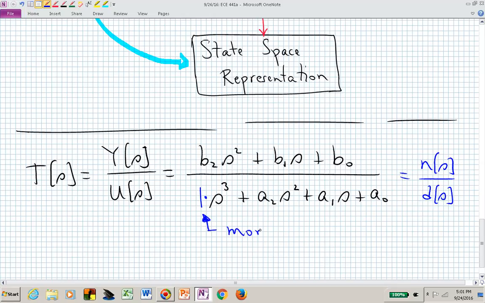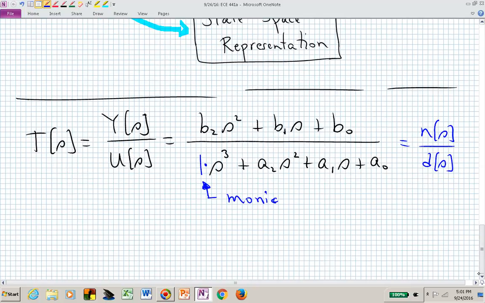You may see this referred to as a monic polynomial, and that means we have normalized the leading coefficient to 1. If that was a 6, we factored that out from every term in the denominator, and we divide all of our original numerator coefficients by 6 to make our denominator polynomial monic.